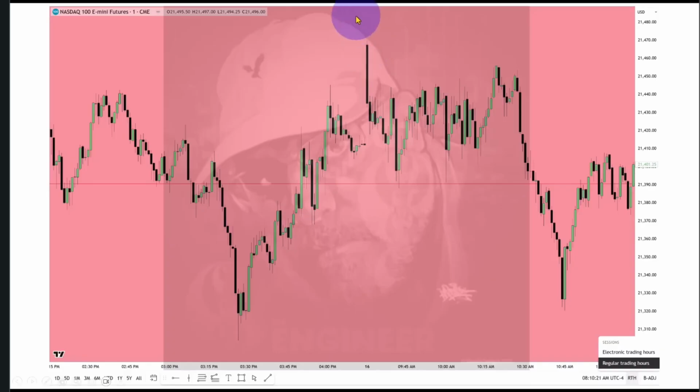It's not showing you all the fluctuations in price overnight in Asia, in London, and then before the new AM session at 9:30 Eastern Time. So you have to be aware of that price action still, but you can't ignore regular trading hours structure, which is what we're showing here.